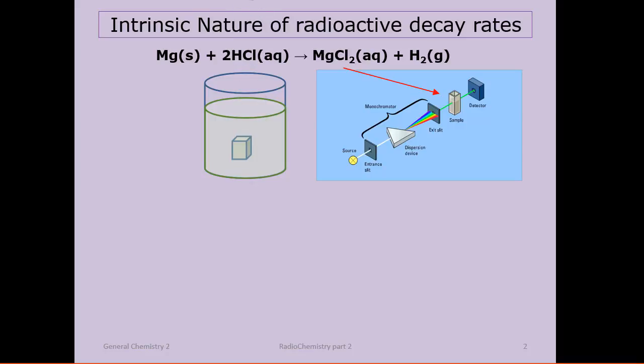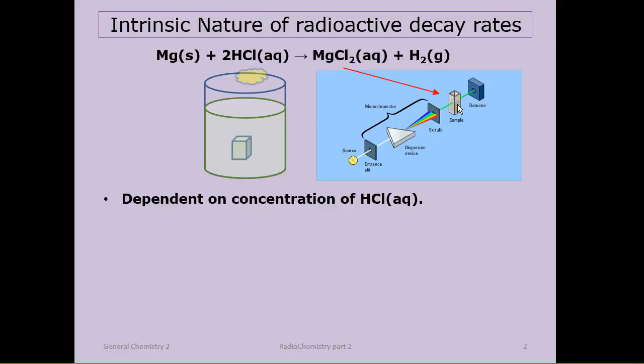And you could imagine that if you wanted to analyze the rate at which this was occurring, you might follow, say, the rate of the product, magnesium chloride in solution, and as the reaction progresses, you'll see the solution start to change color, or it might be something that's not visual, but you could follow it with the spectrophotometer, which I've showed over here, and basically watch as this solution that was in this sample cell started to change concentration. You could follow its absorbance, and therefore you could figure out its rate.